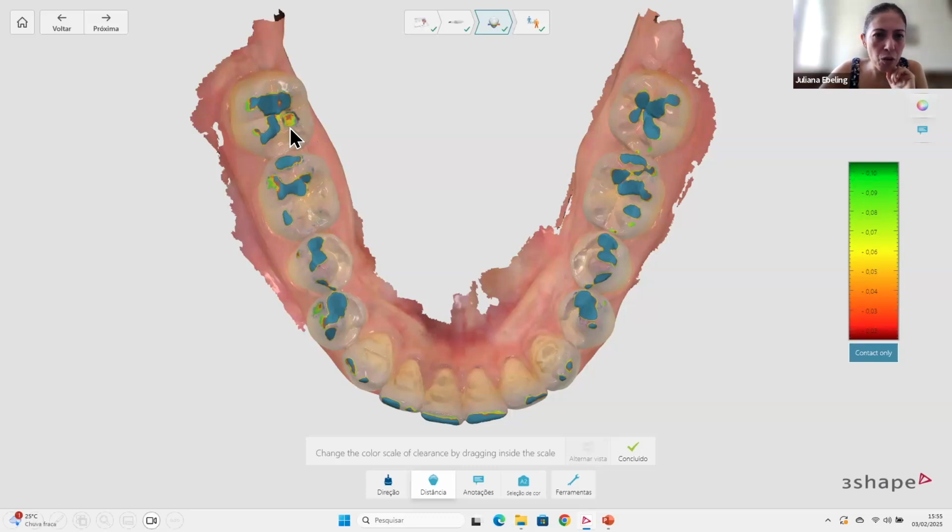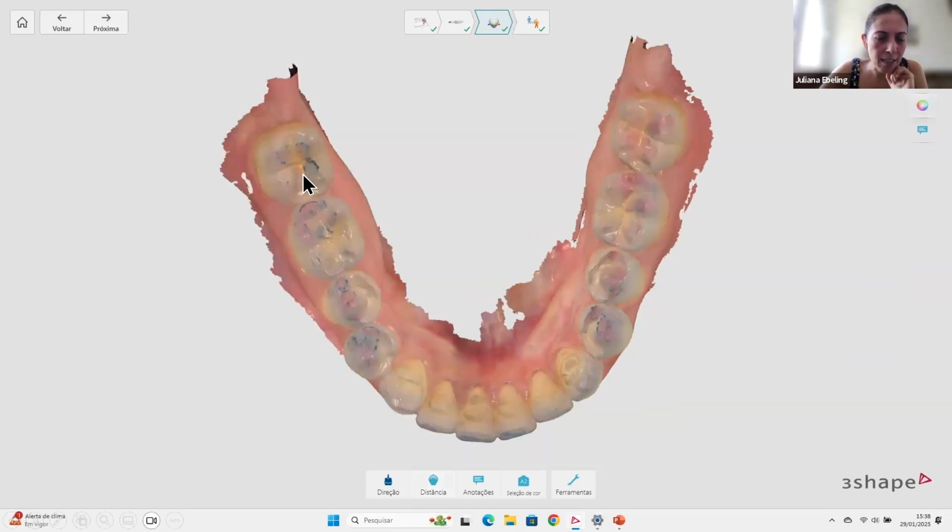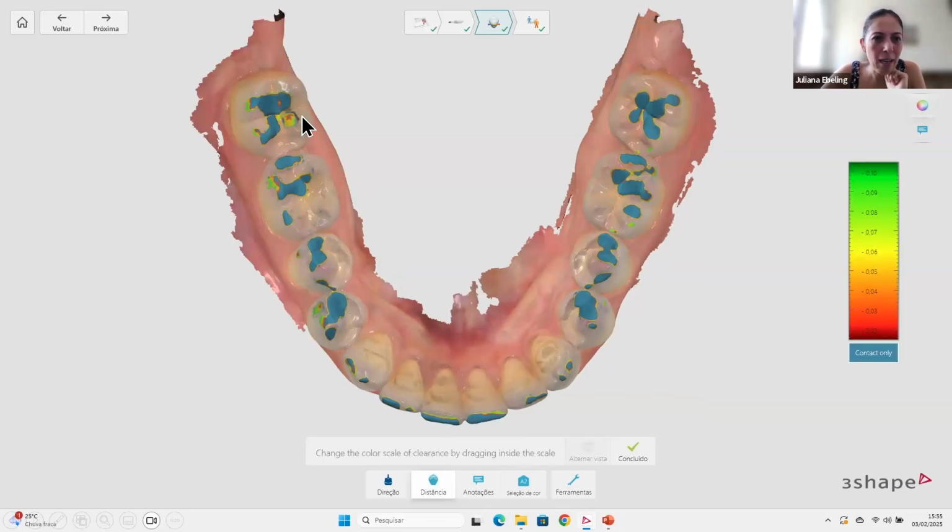If we go to here, we will see that this contact happened. Okay? But it's not happening now. It will happen at a point of this movement, maybe at the end of the movement with maximal force, because I need more force to get this contact.